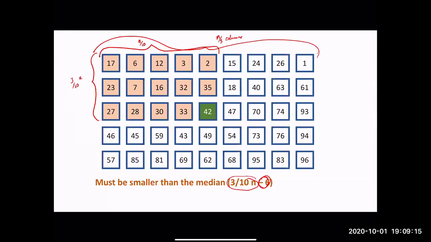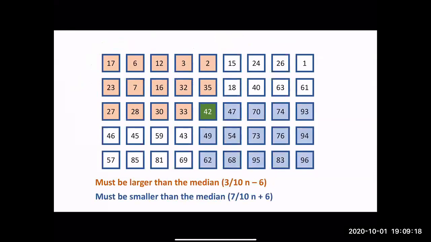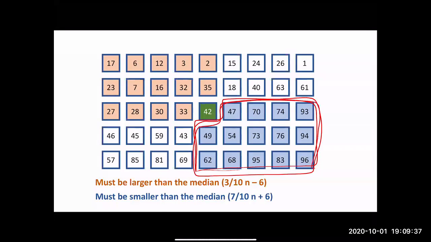Conversely, using the same logic, you would say this median of medians must be smaller than this section right here. And actually, this isn't 7/10, this is also the same 3/10 n - 6.